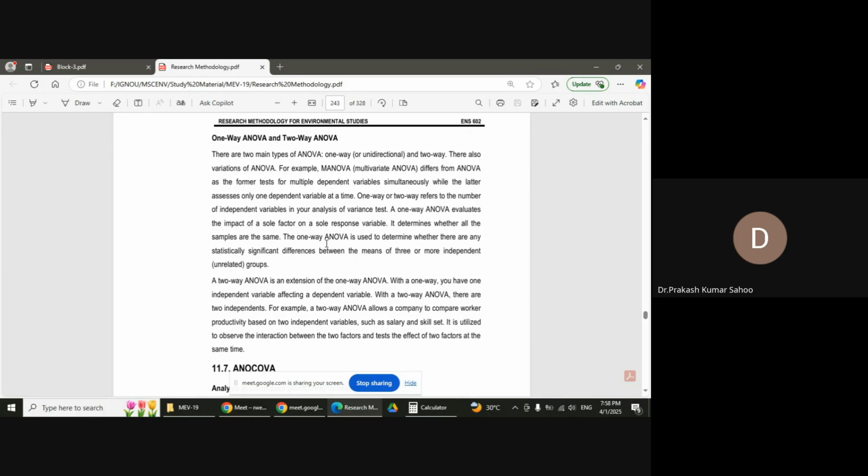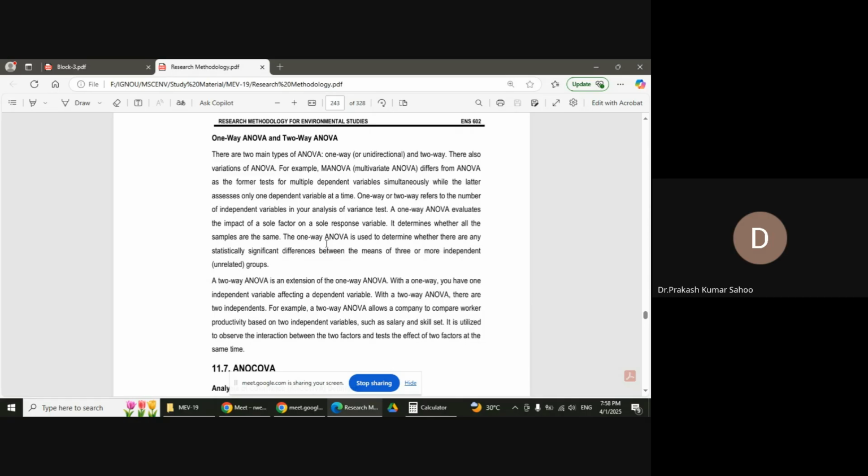So in two-way ANOVA, we have two independent variables that are affecting the dependent variable. For example, for a particular company, productivity, the dependent variable, may depend on salary and skill, then the test may be considered as the two-way ANOVA.